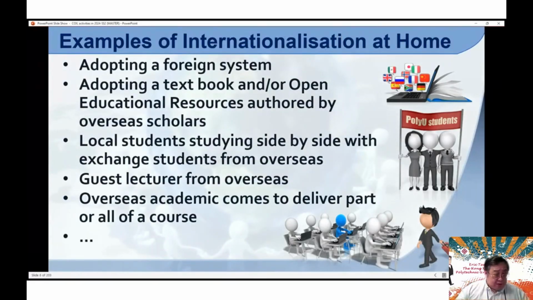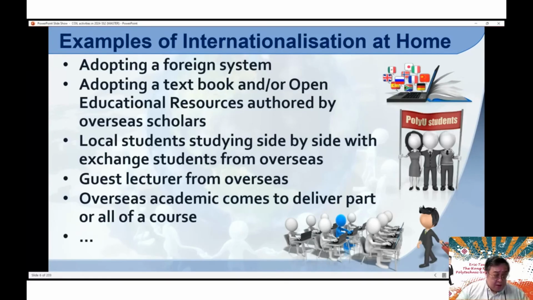Well, let me give you some examples of IH so that you don't feel completely unfamiliar with it. You may be already doing something at your institution, whether that's a secondary school or a tertiary institution. And that is you may be adopting a foreign system, a teaching system, an assessment system. You may be adopting a textbook or using an open source textbook that is developed by a foreign author.